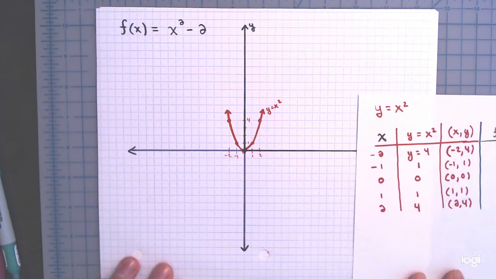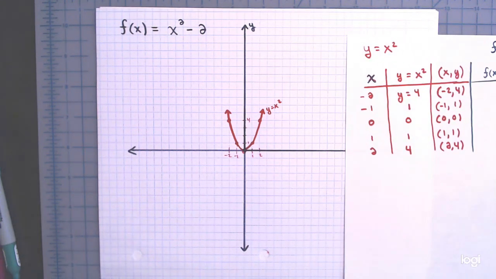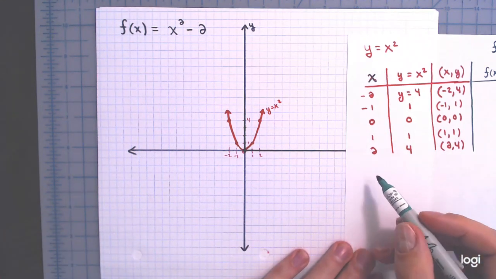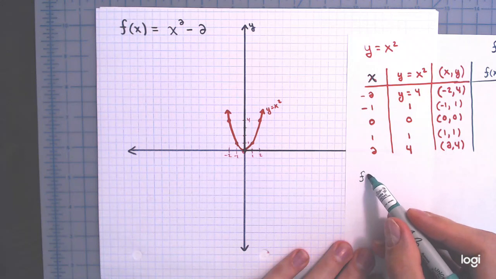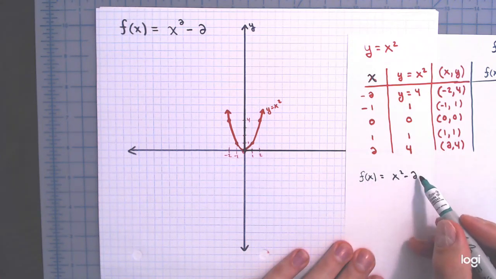Alright, I'm going to just keep this table up here. We'll add to it. So now I'm going to make a little table down here for f of x equals x squared minus 2.